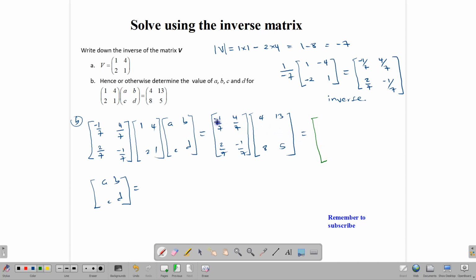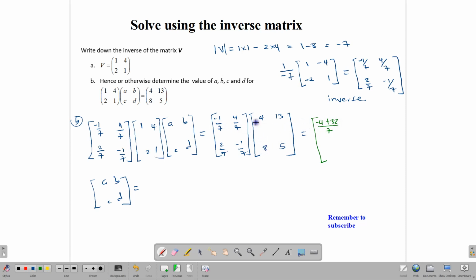Now, we're going to multiply row by column. So negative 1 times 4 is negative 4 here. And 4 times 8 is 32. All of that over 7, row by column.